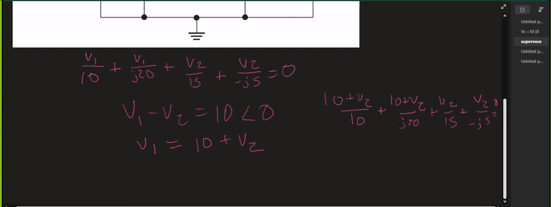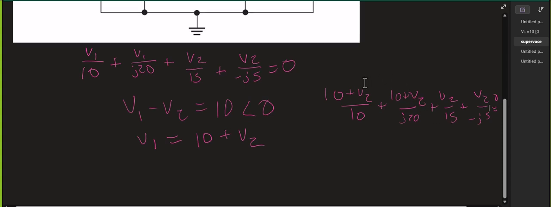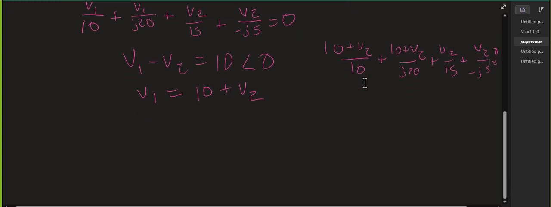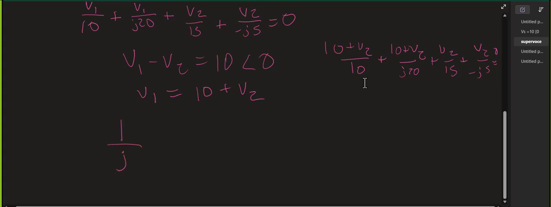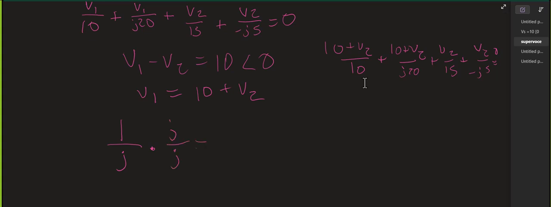Now, you can always bring a j from the denominator to the numerator, or from the numerator to the denominator, if you change its sign. Here's why. If I have 1 over j and multiply by j over j, I get j over j squared, which is j over negative 1, which is negative j.